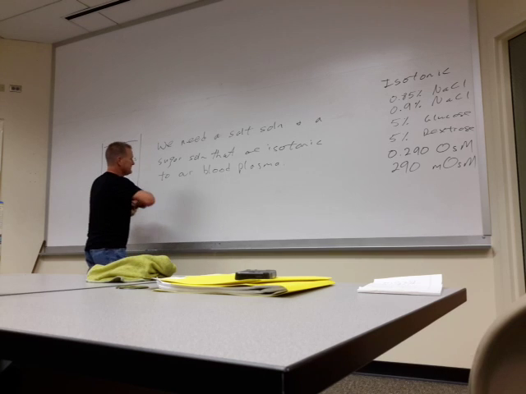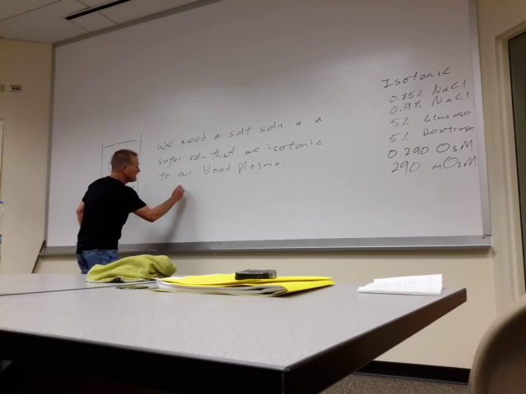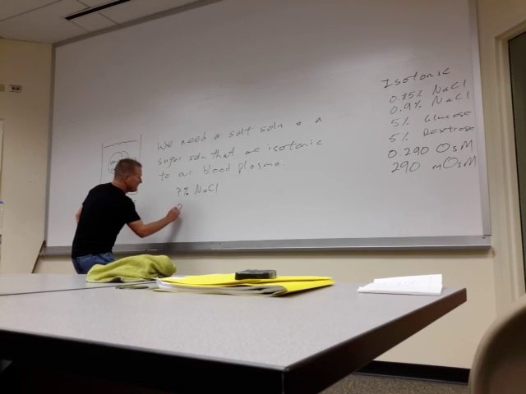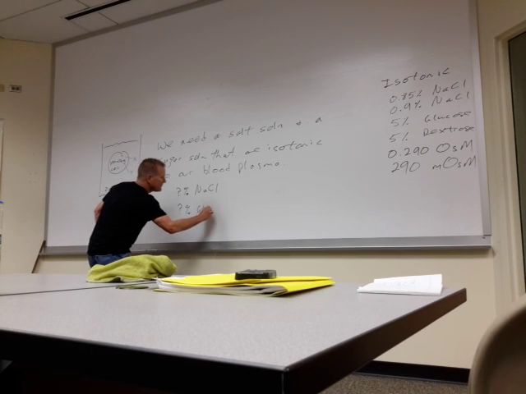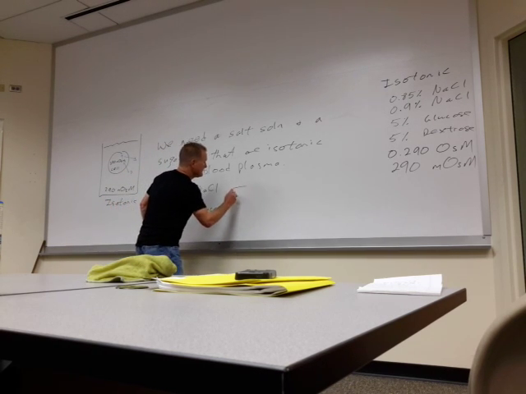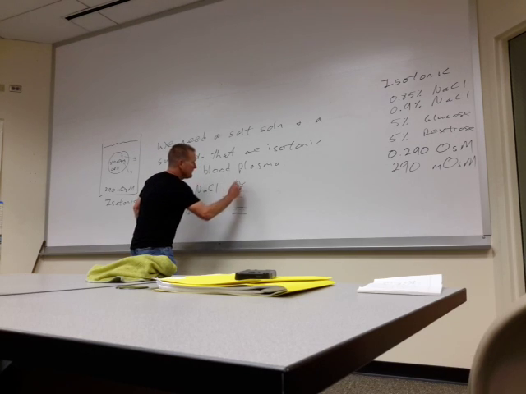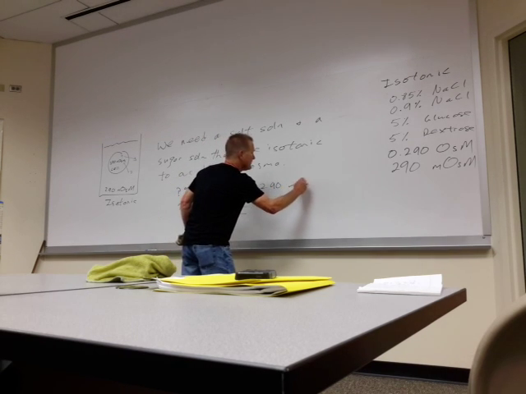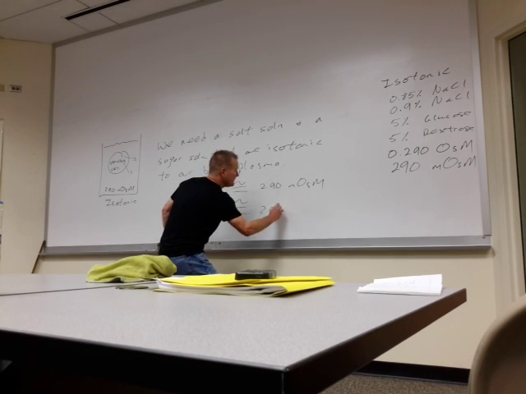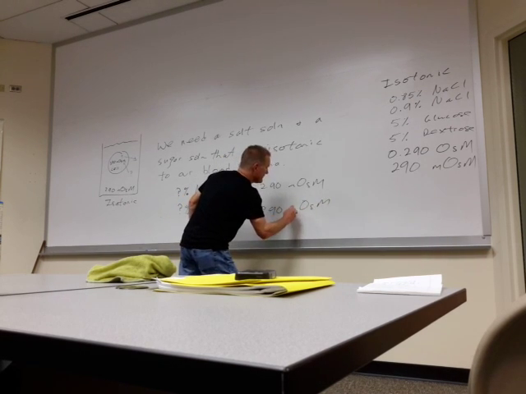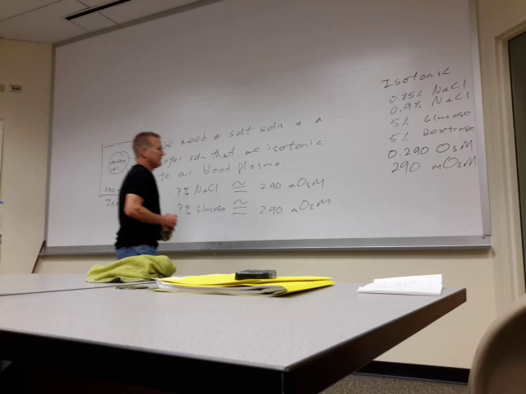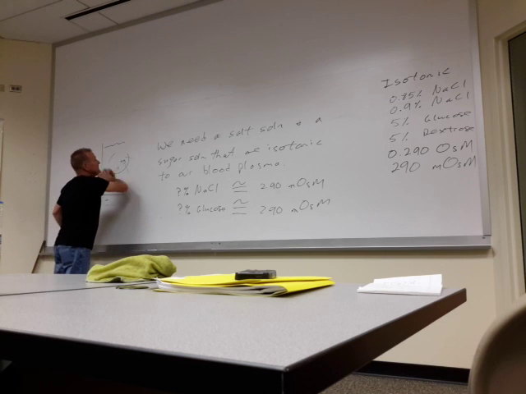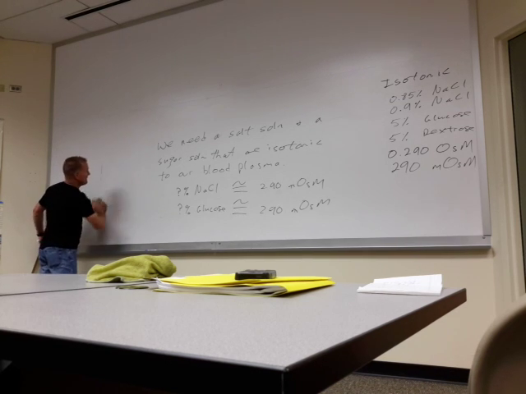So we ask, what percentage sodium chloride and what percentage glucose approximately equals 290. It didn't have to equal it exactly, hence my approximate sign there.